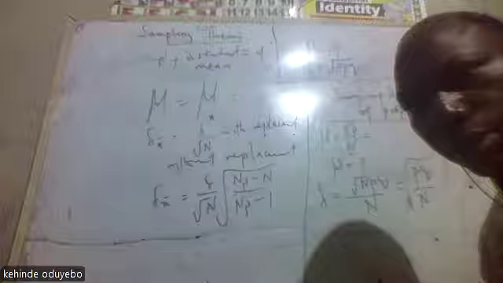This cancels this, isn't it? Then for the standard deviation, square root of npq divided by n, you have the square root of pq over n, isn't it? So these formulas are what I'll be using for proportion. So let's take it one after the other.